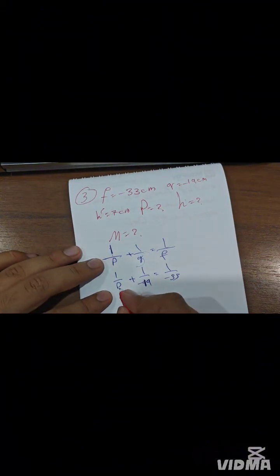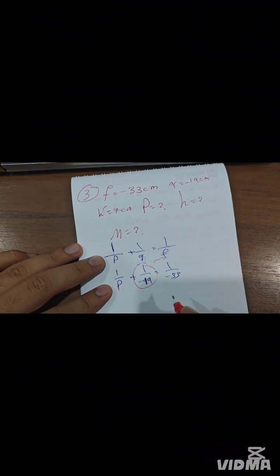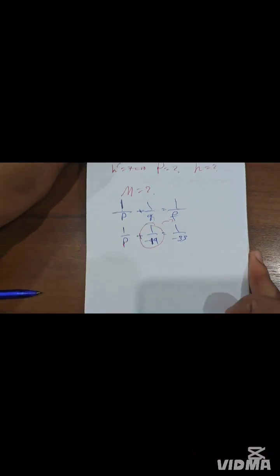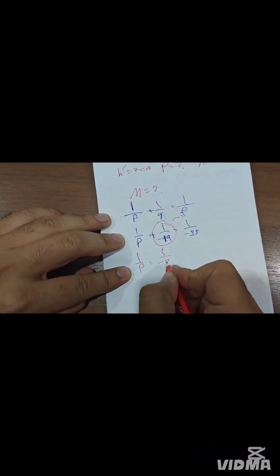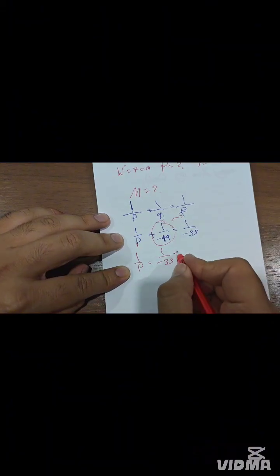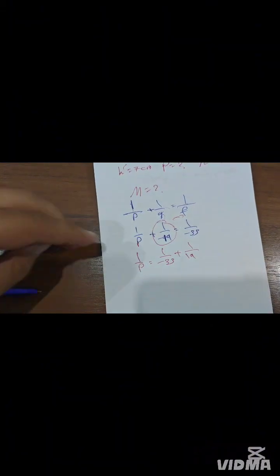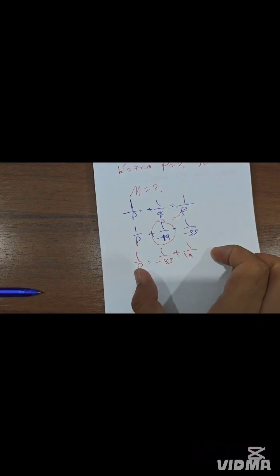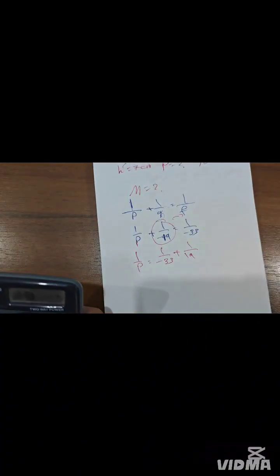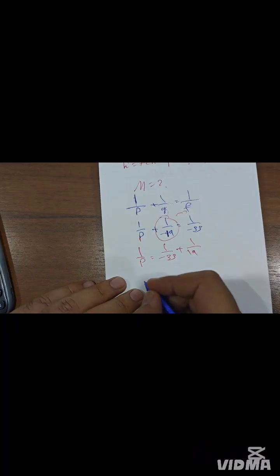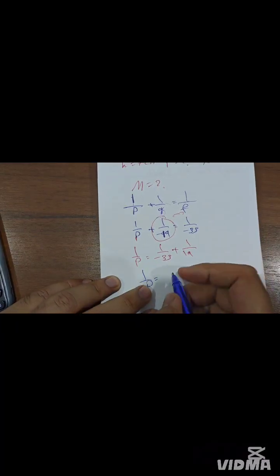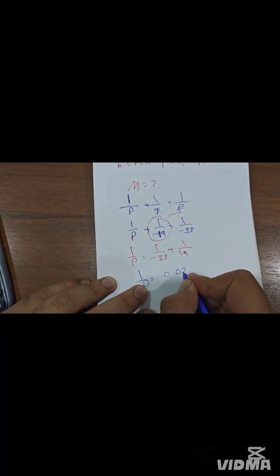To make this 1 over P alone, take this fraction to the right side. So 1 over P equals 1 over negative 33, and taking it to the right side will be positive 90. Different side becomes minus both. Negative 33 plus 90. The answer will be 0.022.